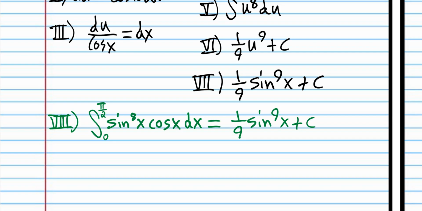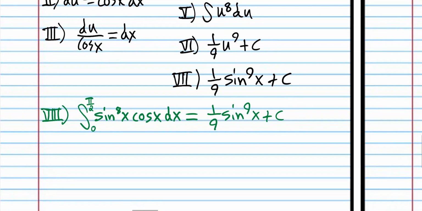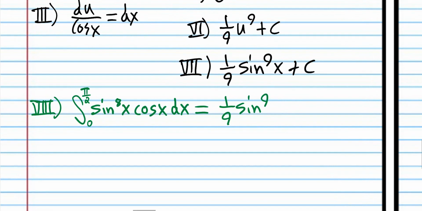Now, remember, we have that abbreviated way to write this, and that the abbreviated way doesn't use c's. The c's are always going to cancel out. So we don't really need to write c, but I'm just going to do it that way this time so you can remember how the fundamental theorem of calculus works.